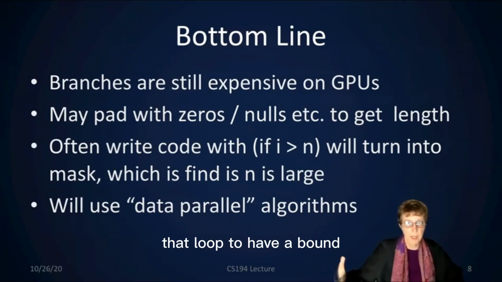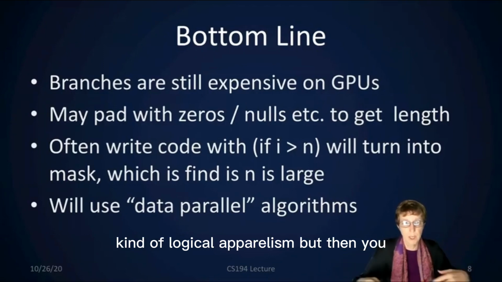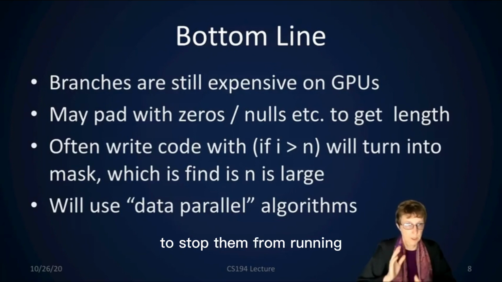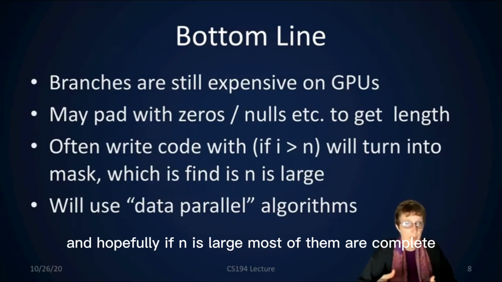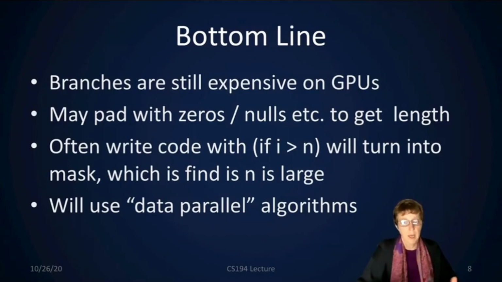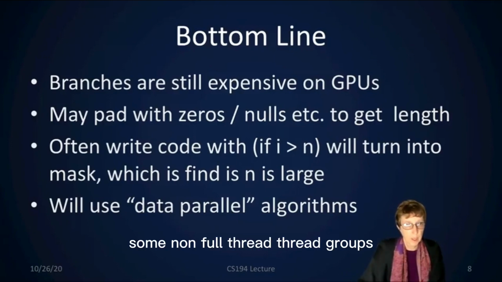And so you want that loop to have a bound that is equal to the amount of logical parallelism, but then you put in this conditional to mask off, to stop them from running. And hopefully if n is large, most of them have completely full threads that are completely executing. And then just at the end, you may have some non-full thread groups.